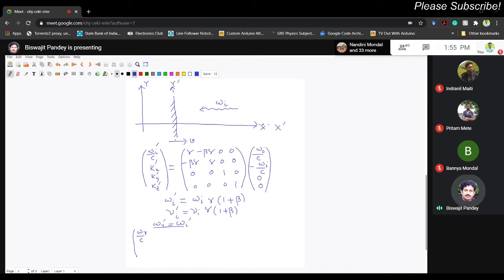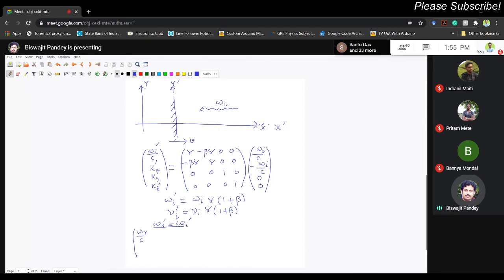In the mirror frame incident and reflected are the same, but what is being reflected by the mirror is again observed by the observer in the lab frame. But you have to remember that since the mirror is moving, that difference will appear here, right? The mirror is moving, so there is a Doppler effect associated with this problem.